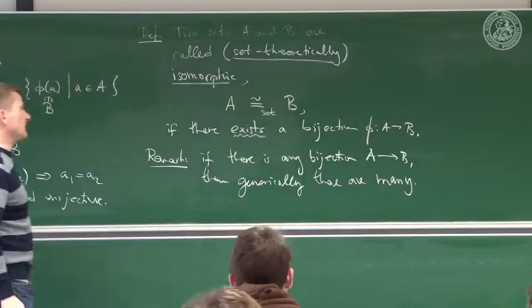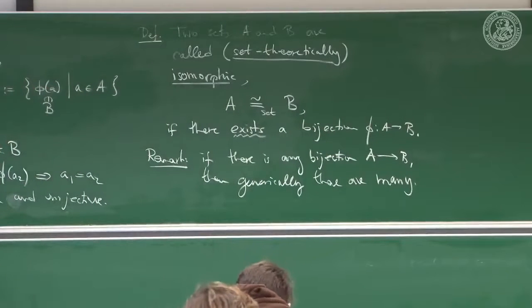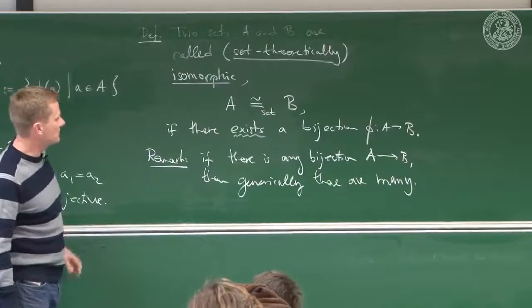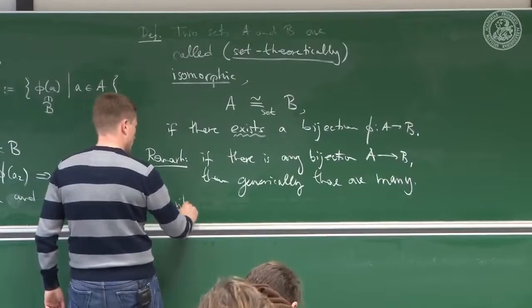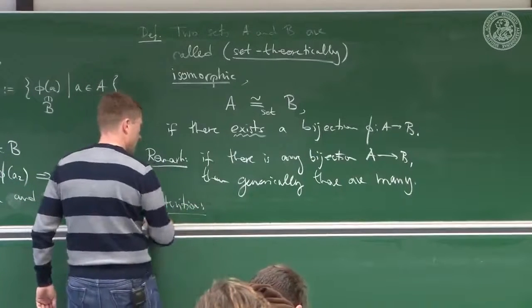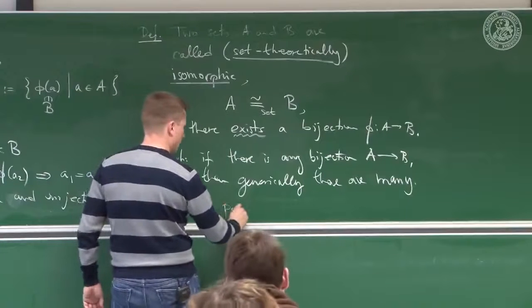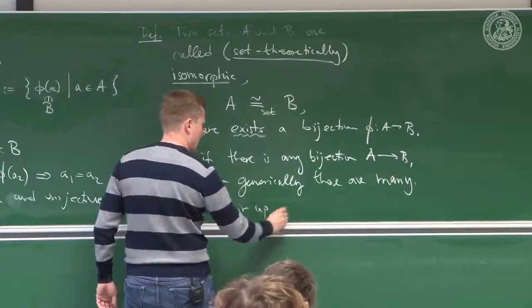That means there is not a unique such bijection. The whole criterion is that there exists such a bijection. And the intuition about this is to pair up elements of A and B.